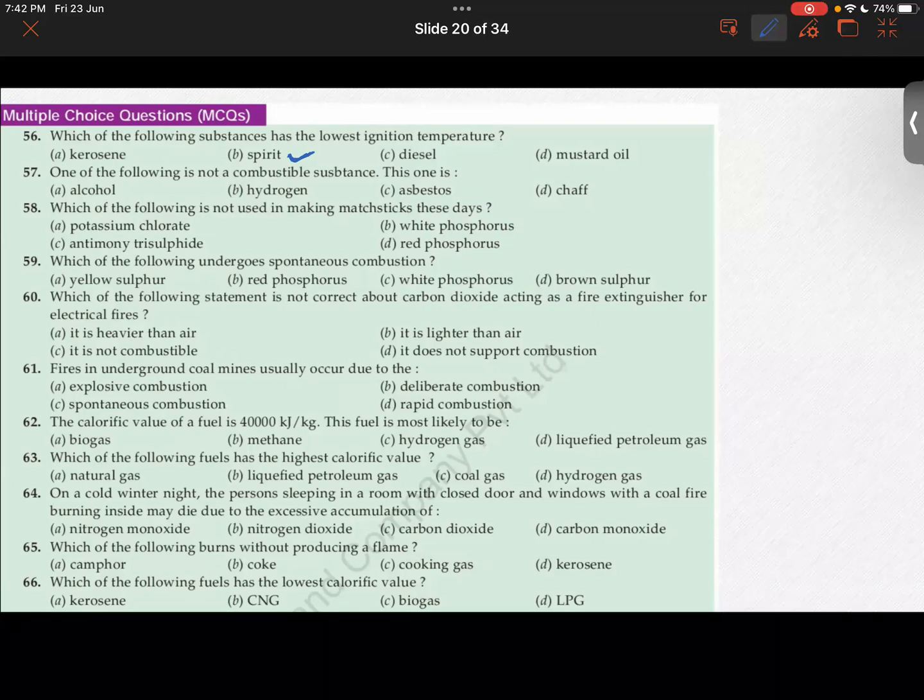Now see the second question. One of the following is not a combustible substance. See the options.